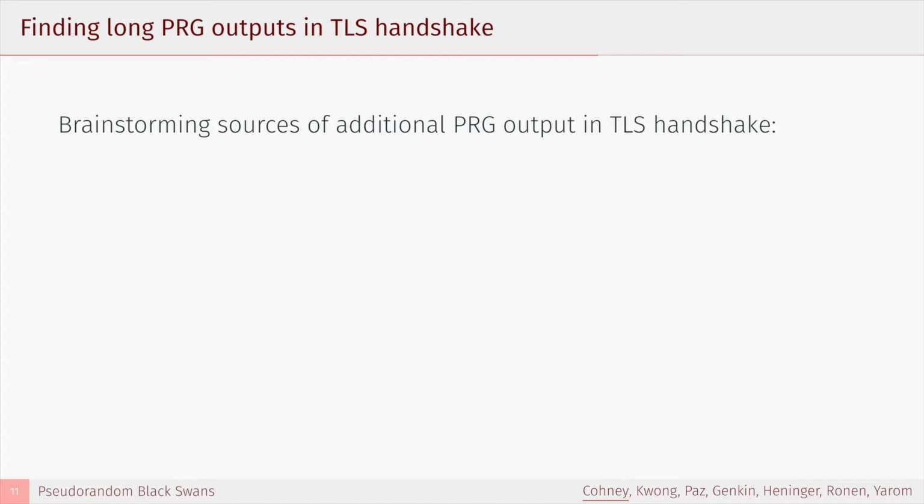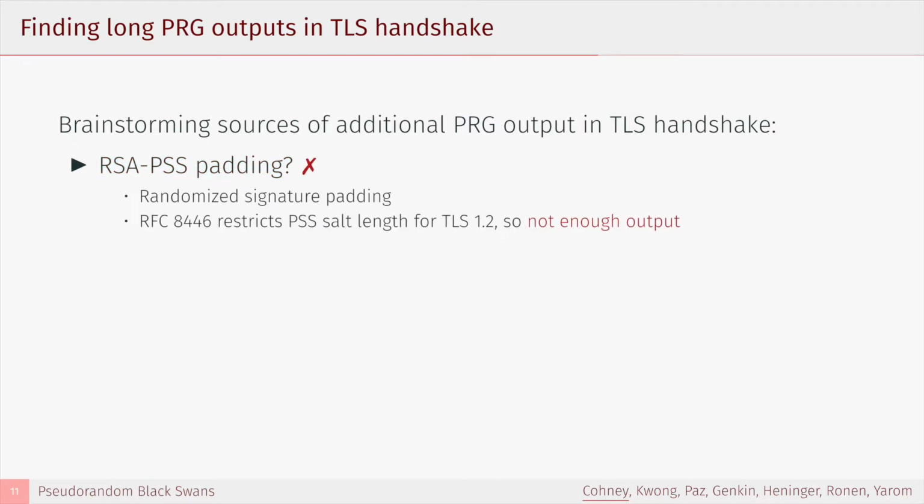So, we exhaustively went through the entire TLS spec looking for places where the output of the random number generator is used, and checked if we could get the protocol into a state where we could observe at least some of this output. First thing we looked at was RSA PSS, an encryption scheme with randomized padding supported in TLS 1.2. No luck. RFC 8446 restricts the amount of randomized padding that can be used as part of a TLS 1.2 key exchange.